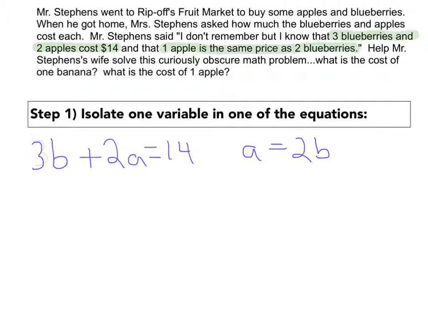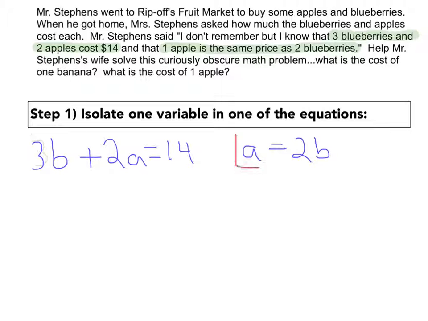And we're just going to follow the steps for substitution to solve for apples and bananas, the price of each. Step 1, isolate one variable in one of the equations. Now you can see that one of the equations already has the variable isolated.